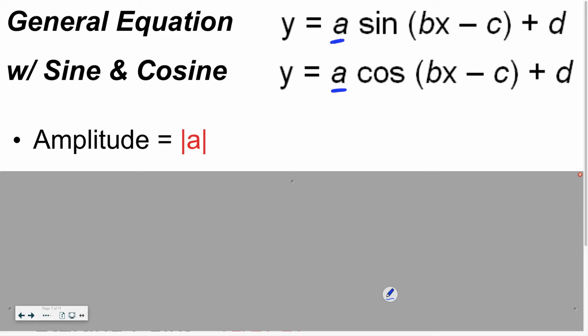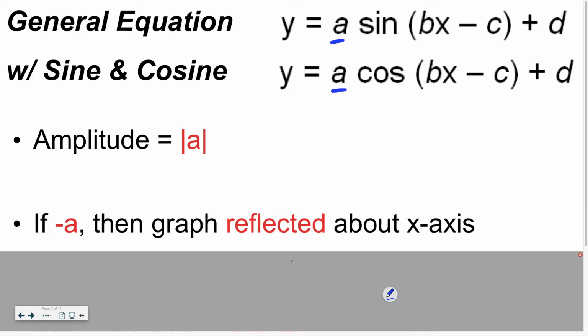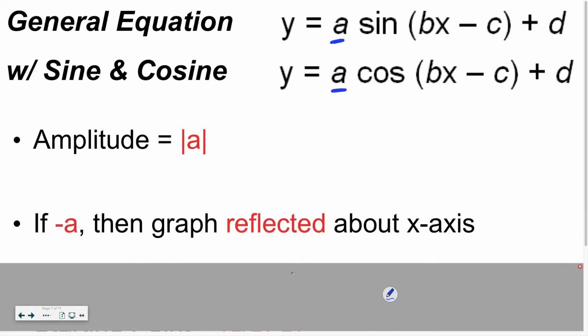Okay? Now, I say absolute value because amplitude is a distance, so it's always positive, but it's possible that A is negative. So first we look at the absolute value, and that tells us our amplitude. But if A is negative, we know that we're going to have a reflected graph. So that's something to consider.